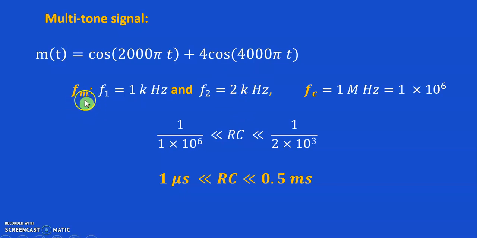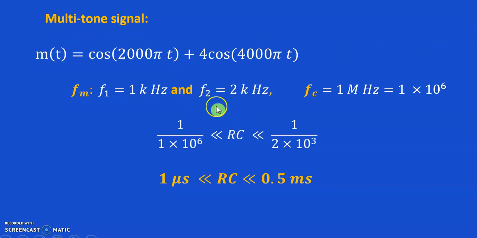This will be considered the Fm, not F1. If you have other terms and other frequencies, then we have to see the maximum frequency among all the frequencies that exist in the multi-tone signal.